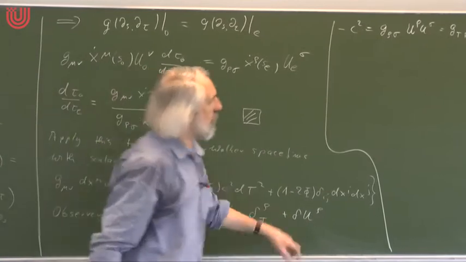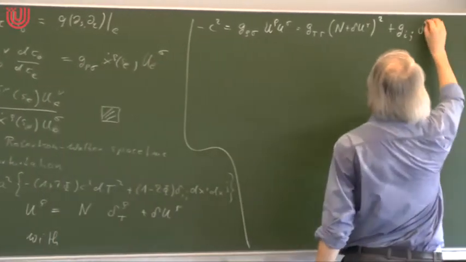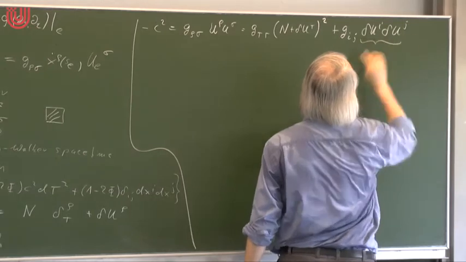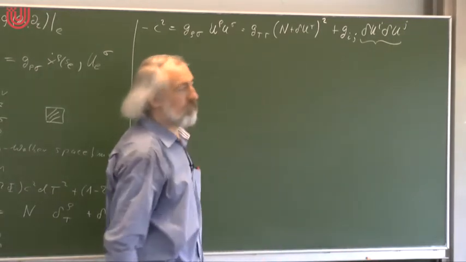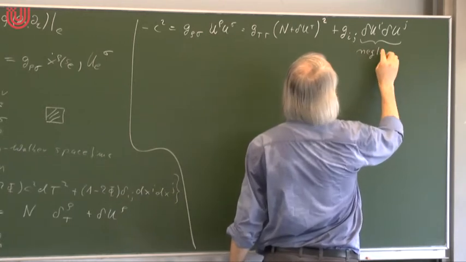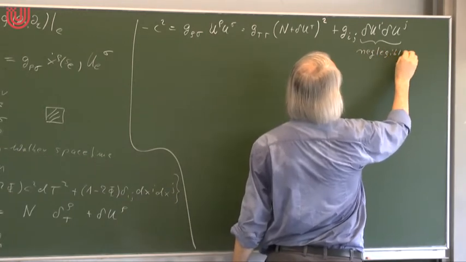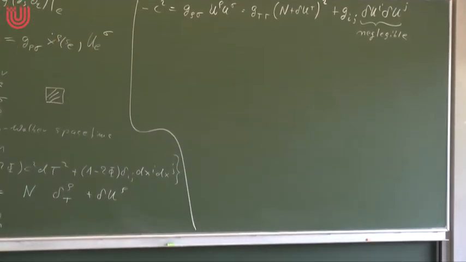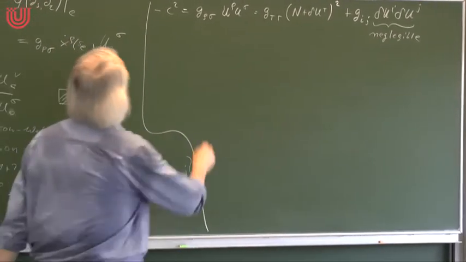So I have only this perturbation here, delta u^i delta u^j, and this is already of second order. That's what we usually neglect, since we are doing first order. It is negligible, because it's second order, a product of linear perturbations.